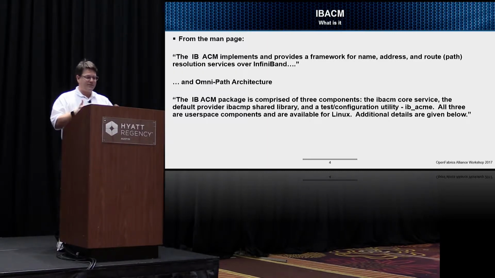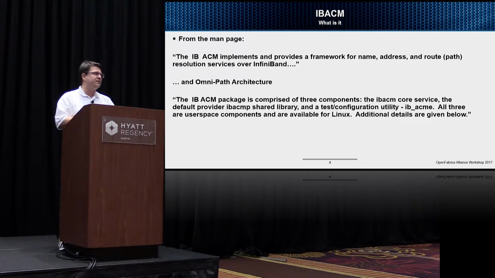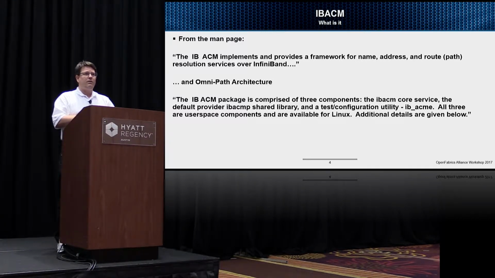Sean is famous for his unique and creative names. And then there is the library, librdma-cm, which we're all familiar with, which ties into this and allows for verbs applications and anyone else wanting to create a queue pair to query this data.